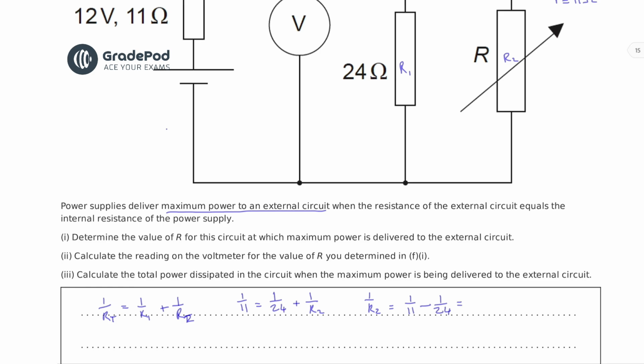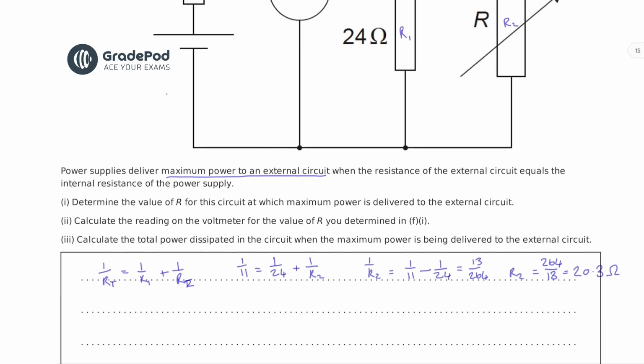And we pop that into our calculator. That gives us 13 over 264. So R2 is equal to 264 divided by 13. It's the reciprocal of that, which gives us a value of 20.3 ohms. Here's our answer.